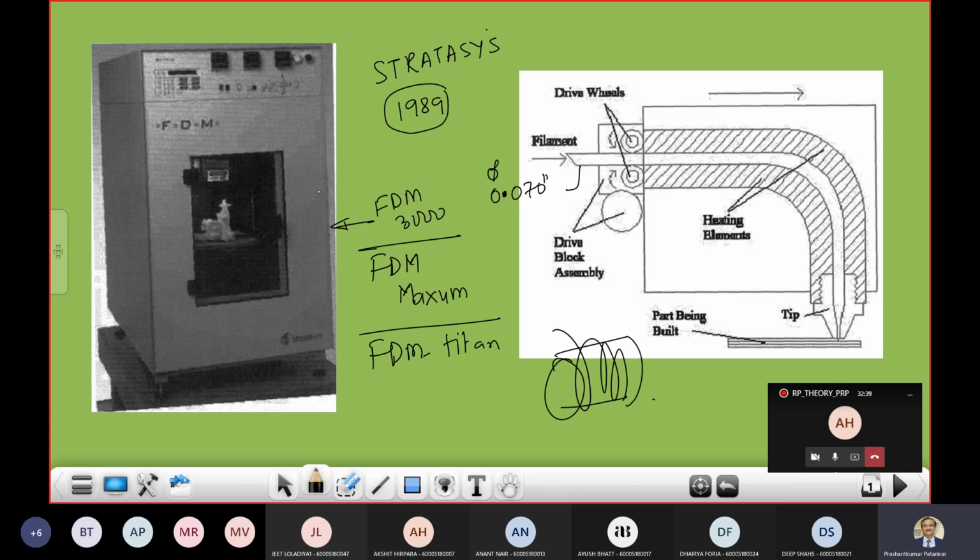Now, I just used the word extrusion head. As far as the extrusion head is concerned, that is the key element in FDM technology. This extrusion head is very compact. It is a removable unit.